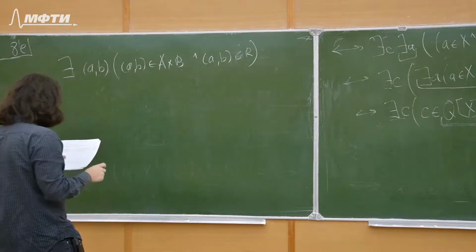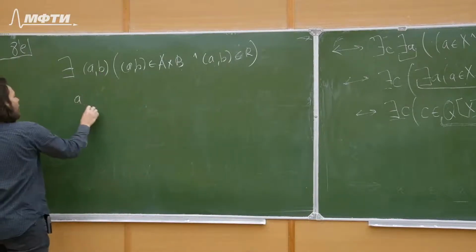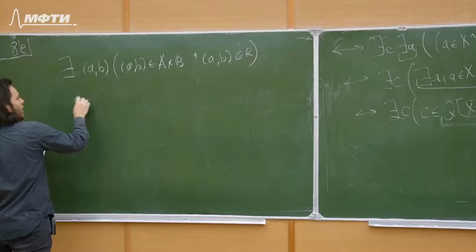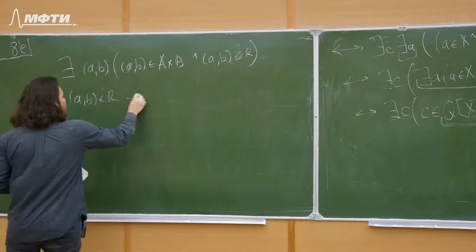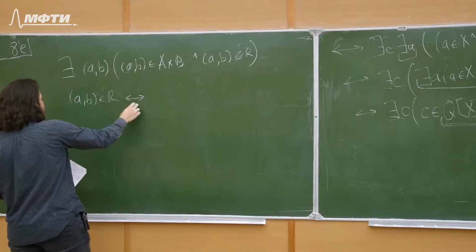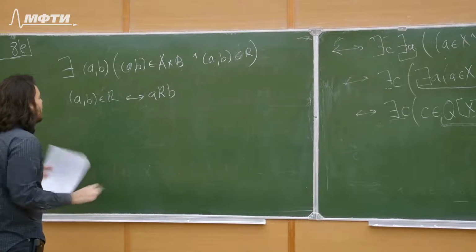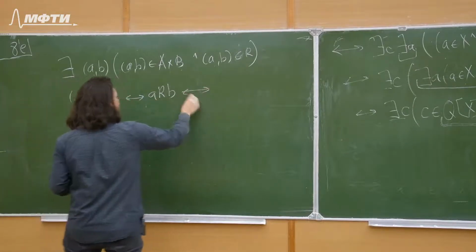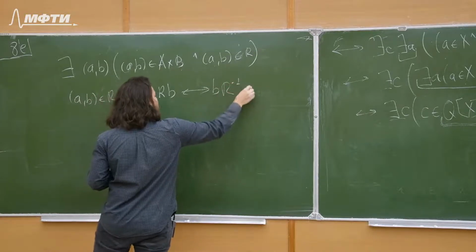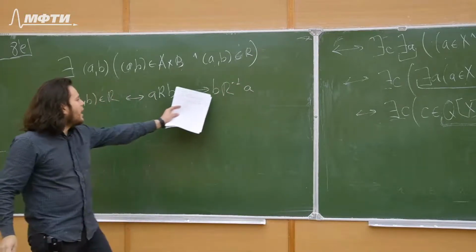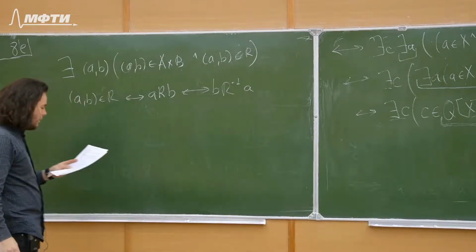So we have that the pair AB belongs to R. We write this as A R B. But this is true if and only if B R minus 1 A, so if the ordered pair BA belongs to R minus 1.